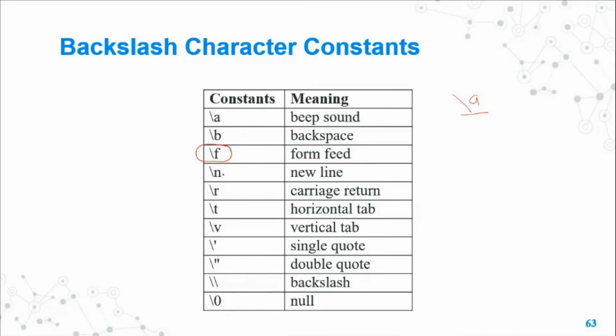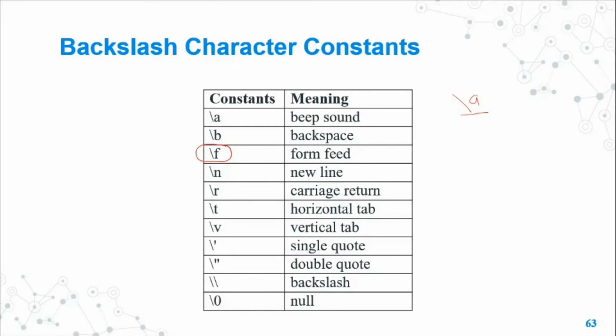Then slash n is new line, which we have already encountered. Slash r is again carriage return. In the mechanical typewriters, where a typed character is to be printed depends on the position of the carriage.